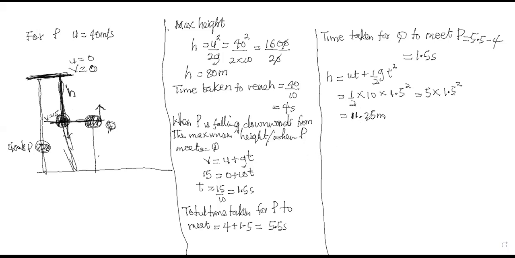So when we subtract 11.25 from 80, that will give us where the two particles meet. 80 minus 11.25 is 68.75.